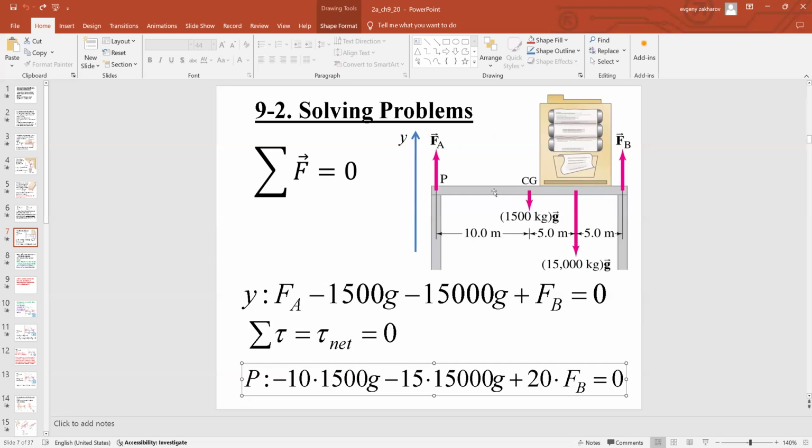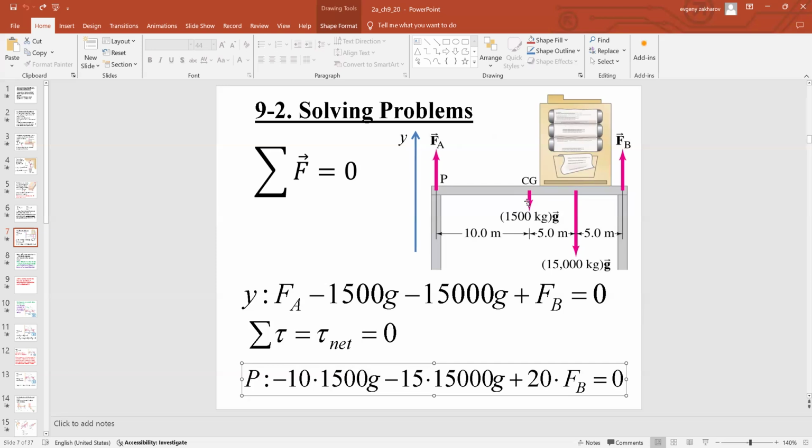It's the perpendicular, the line connecting point P and the point of application of the force. This line is 10 meters long, so it's 10 times the 1500 g.